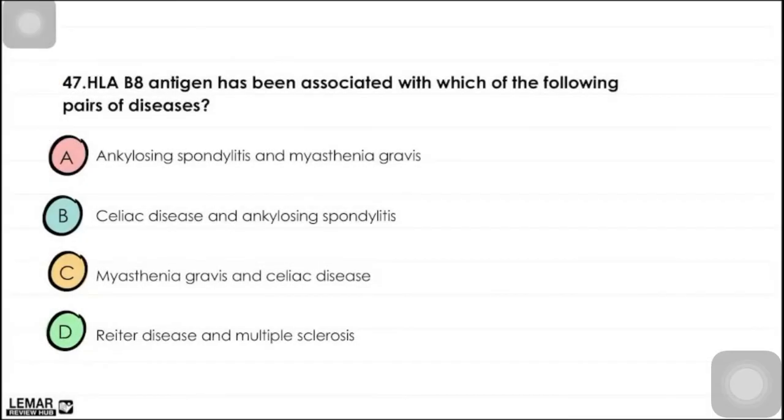Letter C, myasthenia gravis and celiac disease. Letter D, Reiter disease and multiple sclerosis. So, which of the following pairs of disease are associated with HLA-B8?